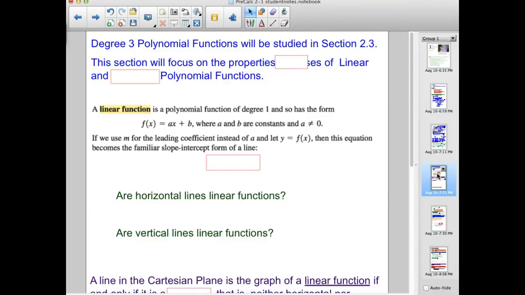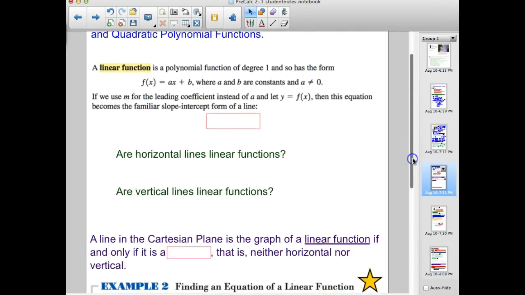All right. We're going to look at cubic and higher powered polynomials in section 2.3. In this first section, we're focusing just on linear and quadratic ones. Today, it'll just be linear. So we have a linear polynomial.